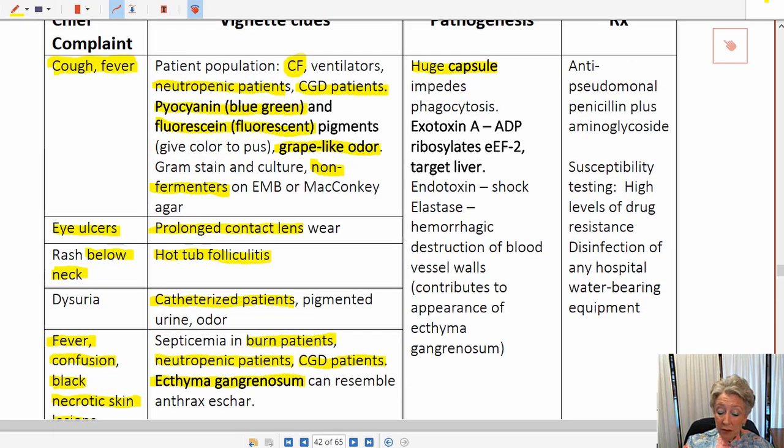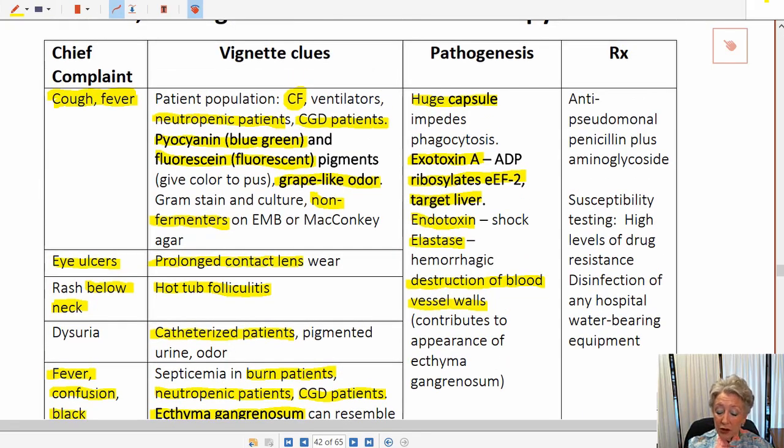It would be the same mechanism of pathogenesis to some degree in all of these. The exotoxin that it makes, remember, shuts off protein synthesis, targeting the liver. In the case of development of shock, endotoxin always plays a major role because of its action on the endothelium. And the elastase that the organism produces destroys blood vessel walls and contributes to the appearance of ecthyma gangrenosum.